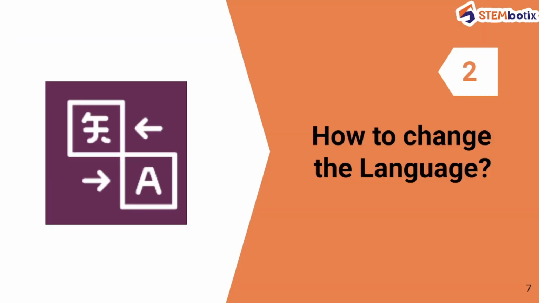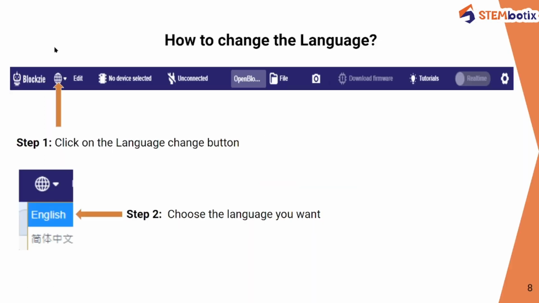Now our Blockzie software has different language options also. You can code in your suitable language also. So this particular icon is used to change the language. Just click onto this down arrow key and you will see the languages available at the point of time.